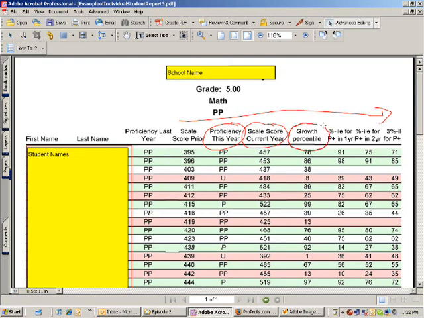This is what I described in part 1 of this episode of Talking Data. Greater than 65 is considered good growth. Less than 35, not good.